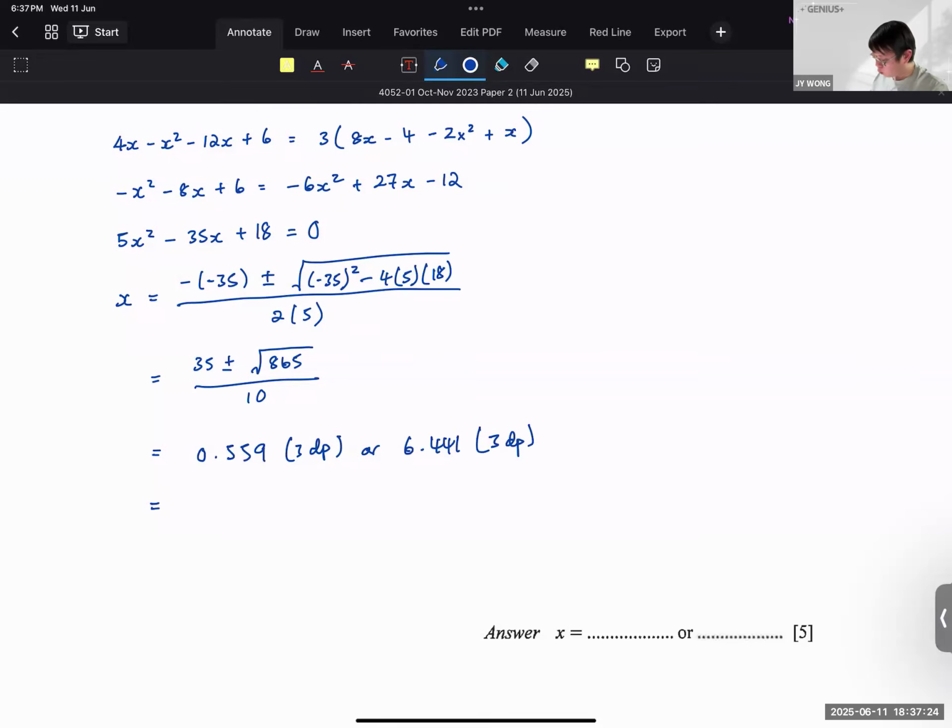And then you round off to what the question wants, which is 2 decimal places. Okay, so these are the 2 answers.